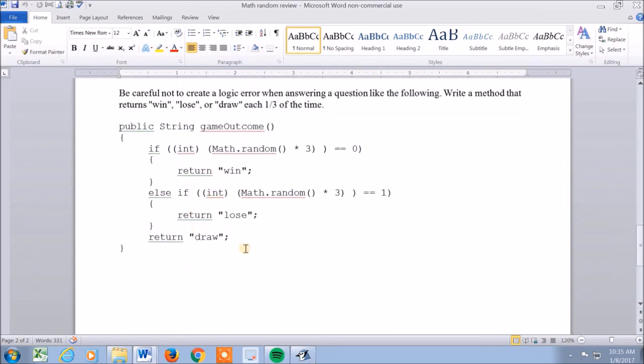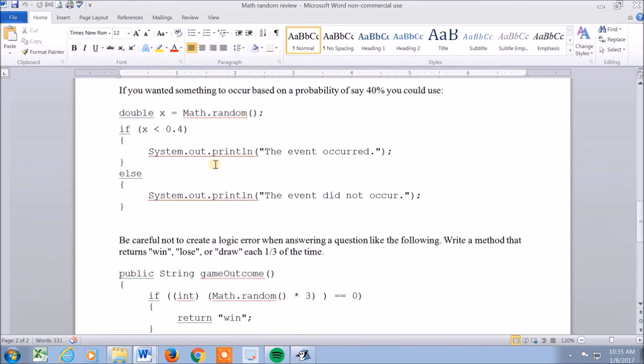And then a little warning here at the end: be careful not to regenerate random numbers inside an else if statement. This is not going to do what you hope that it's going to do. I hope that makes sense. You really want to generate your random number and then test to see if it's within some range in these if-then-elses, like I did in the example above.